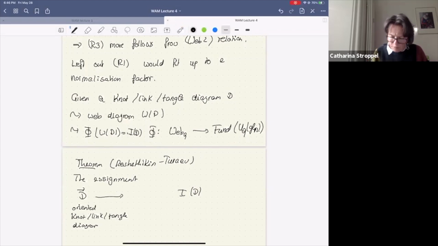This is up to this normalization, which is minus Q to the n times n plus times, no, n times n minus.